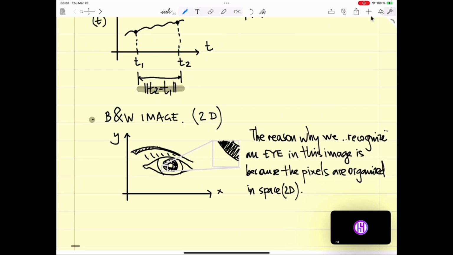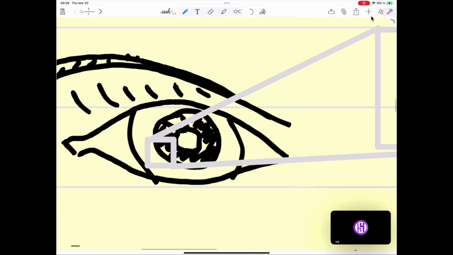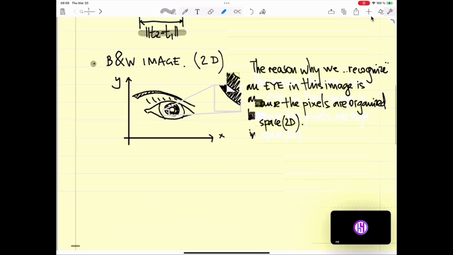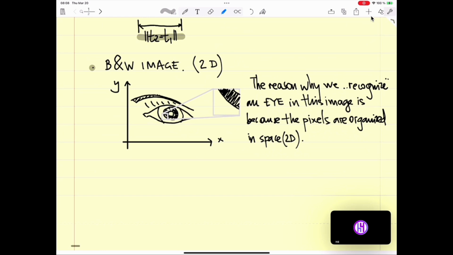So we can recognize the iris here, this part, because all the pixels forming the iris, which are black, are together. If we had these pixels scattered around the image, then we would not recognize anything, even if we had the same pixels.